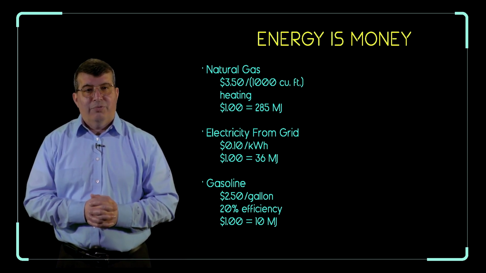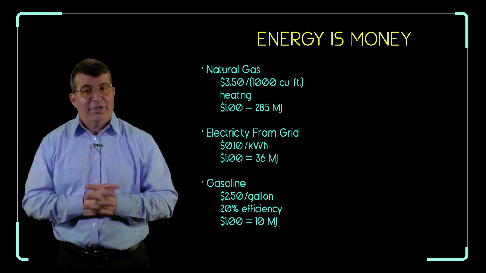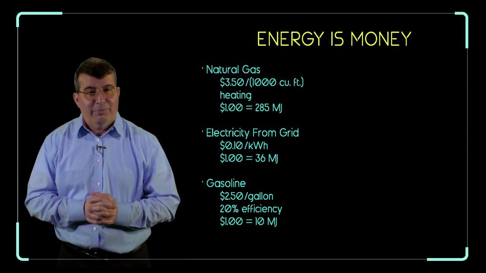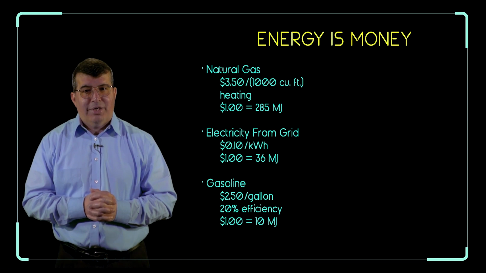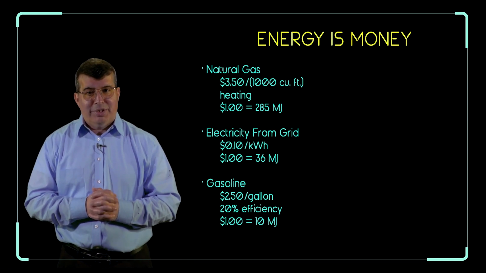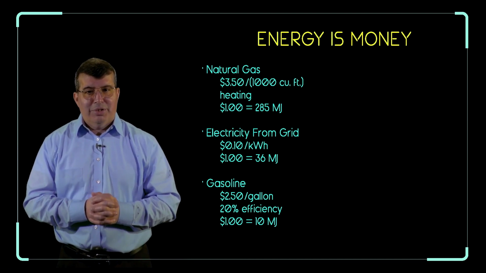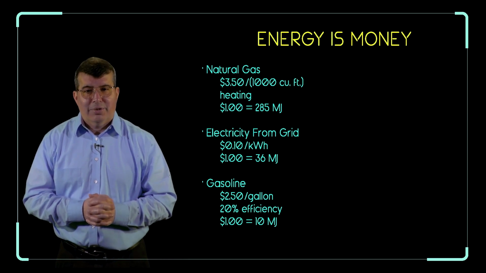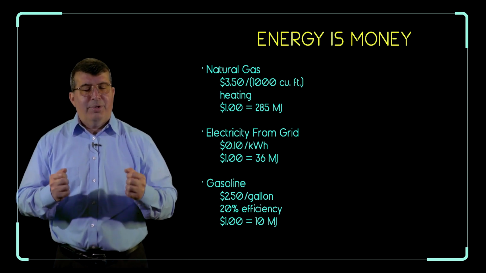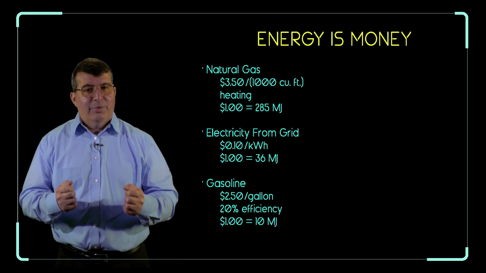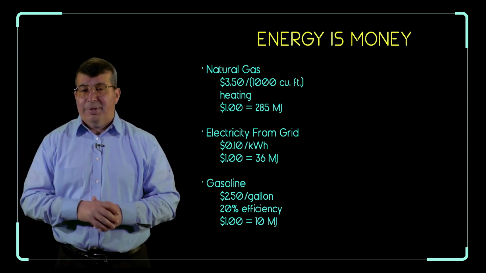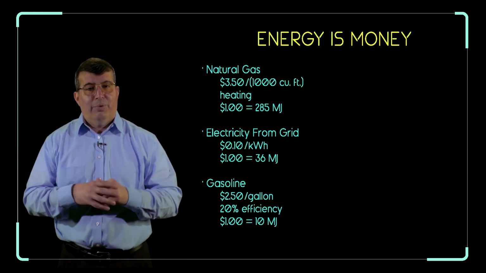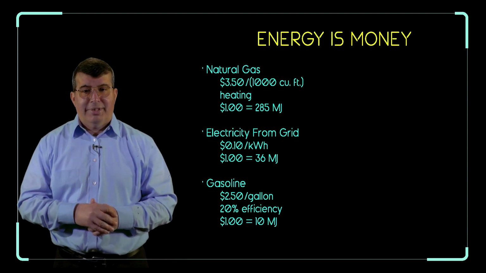Whereas if you had an electric car and you filled up your car's battery from the electric company, you would actually get almost 4 times as much energy, about 36 million joules for your dollar. So you can fill up your car's batteries with energy a lot more cheaply than you can fill up your car with chemical energy in the form of gasoline.